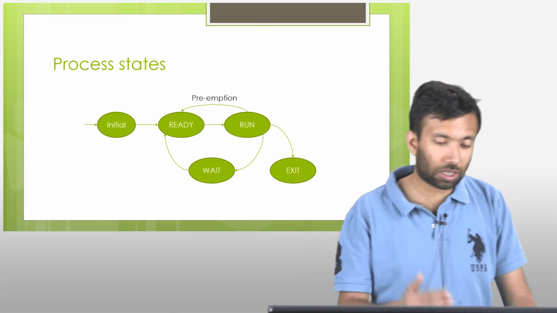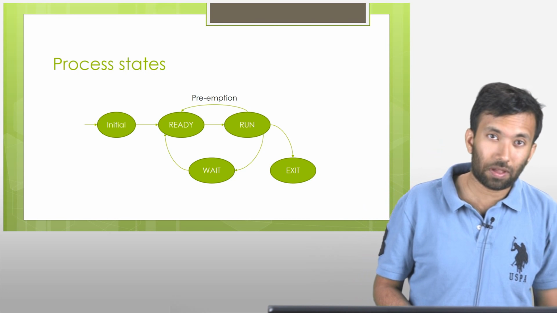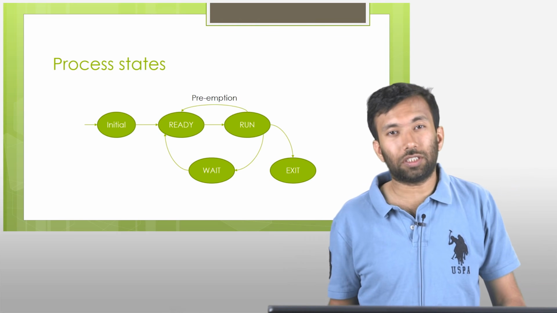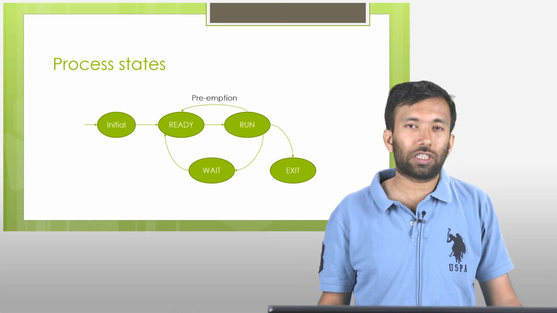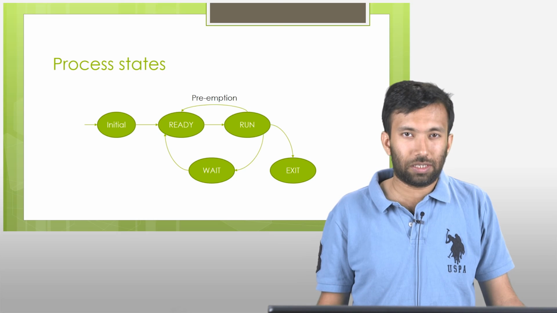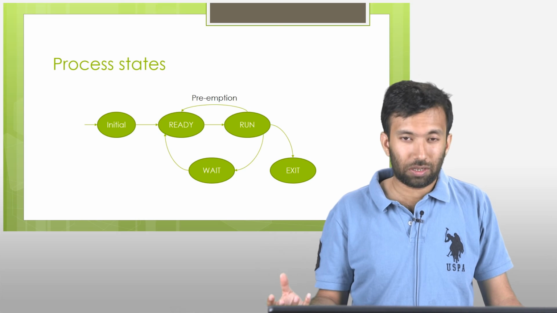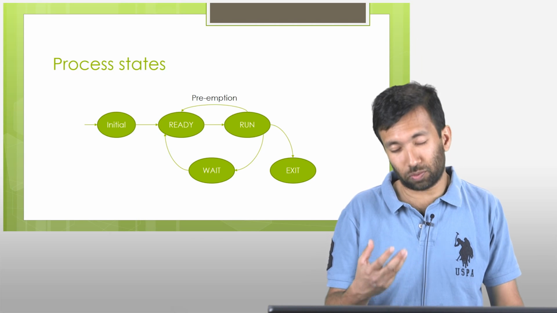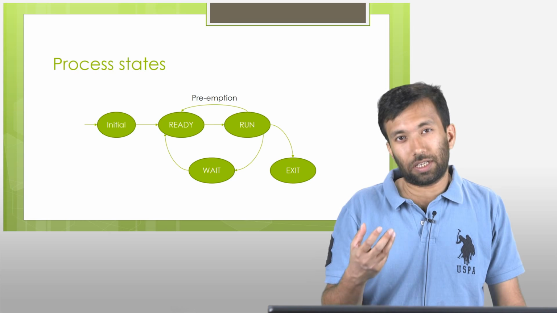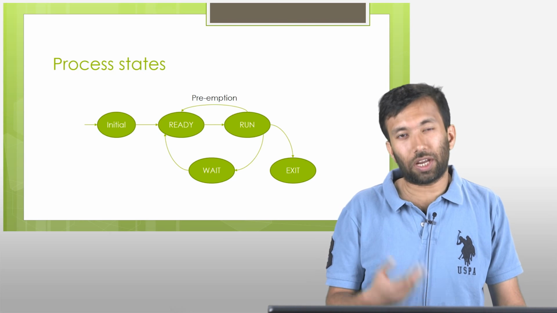Now once those things are all fixed, the process goes to a ready state. So in this ready state, a process is just waiting to be run. Now there is somebody who takes this process which is waiting to be run. Somebody has to take this process and run it.